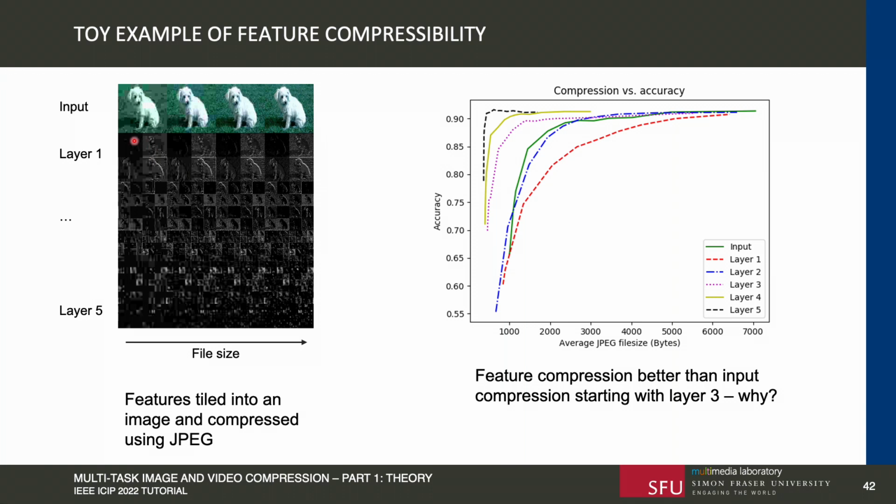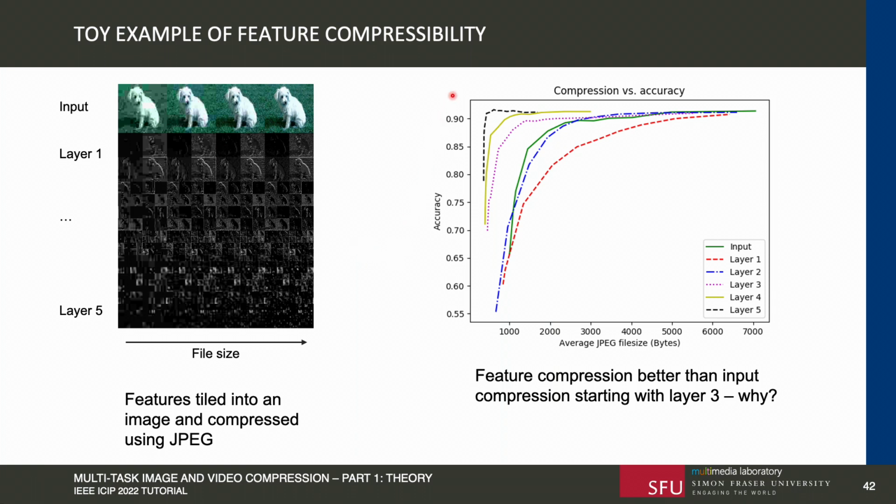Now these tiled up feature tensors represented as a grayscale image will also be compressed using JPEG. So we use JPEG both for input compression and feature compression.